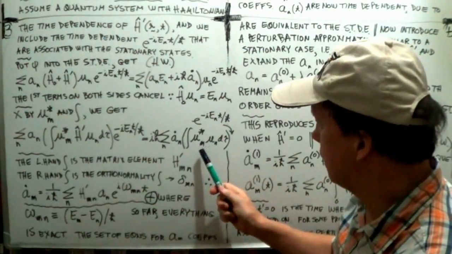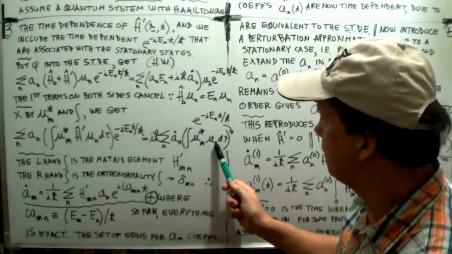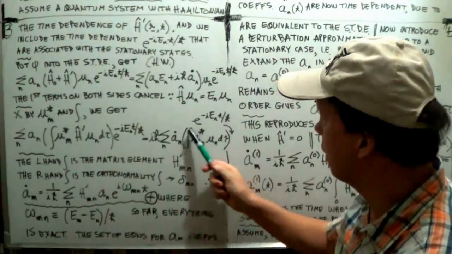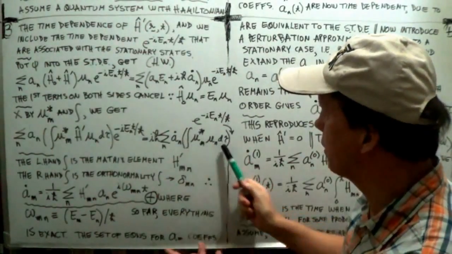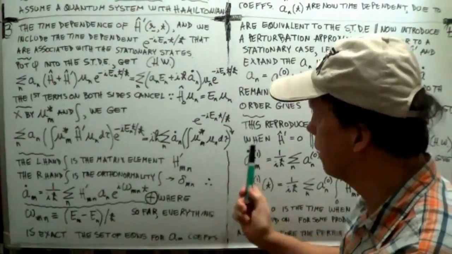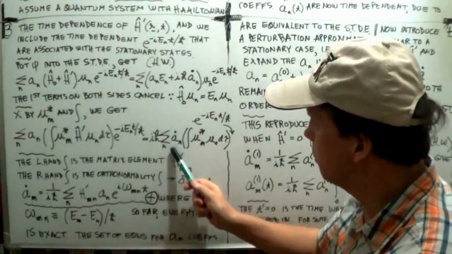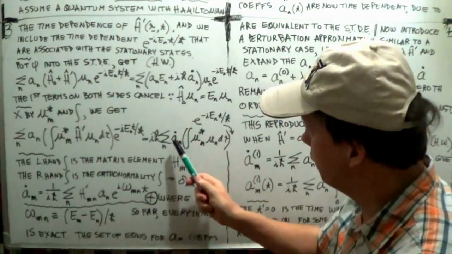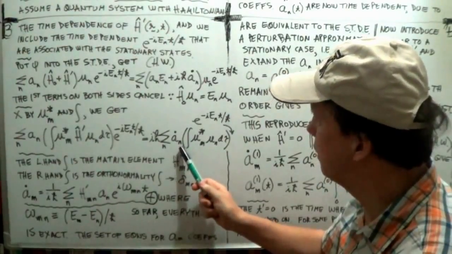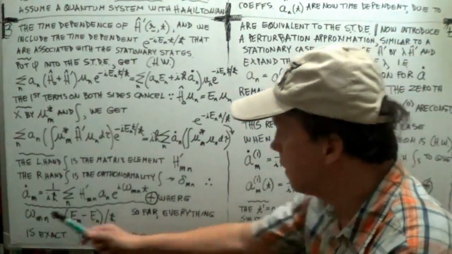Let's say m equals n. You just get a single 1 here, and all the other terms drop out, so your sigma will disappear and you'll be left with an am. That's where this comes from.